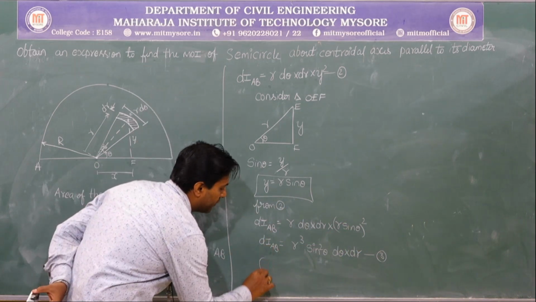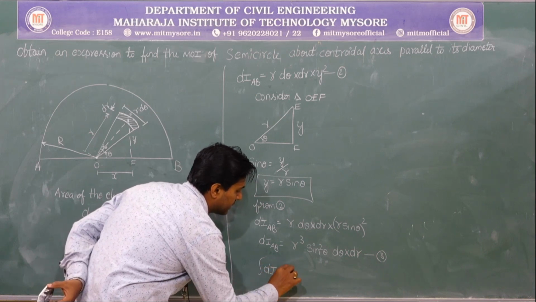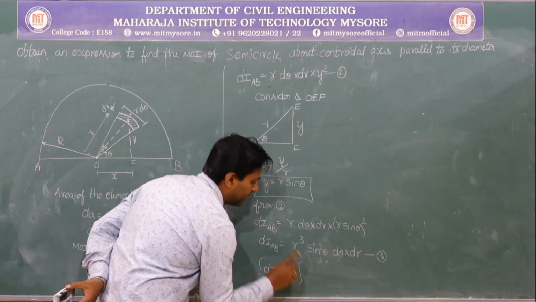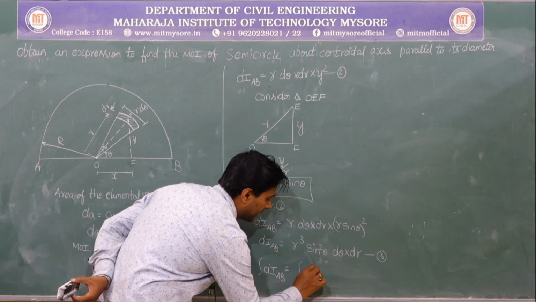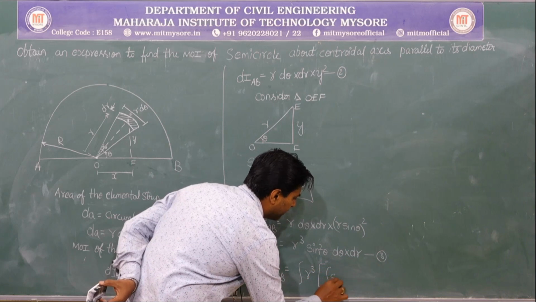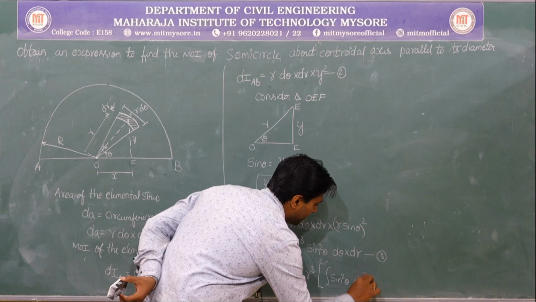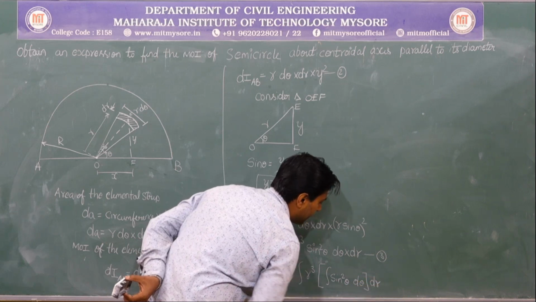So the integral of dI_AB is equal to the integral of r cube into one more integral of sine square theta d theta, and let me mark this as dr.